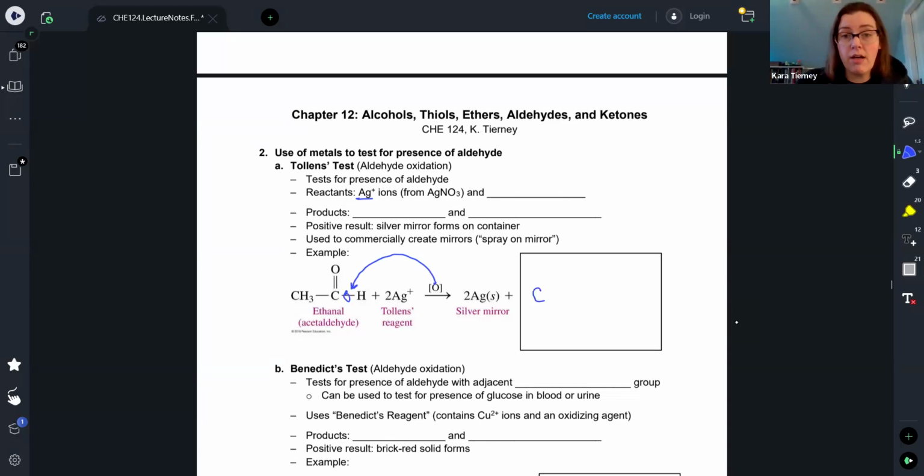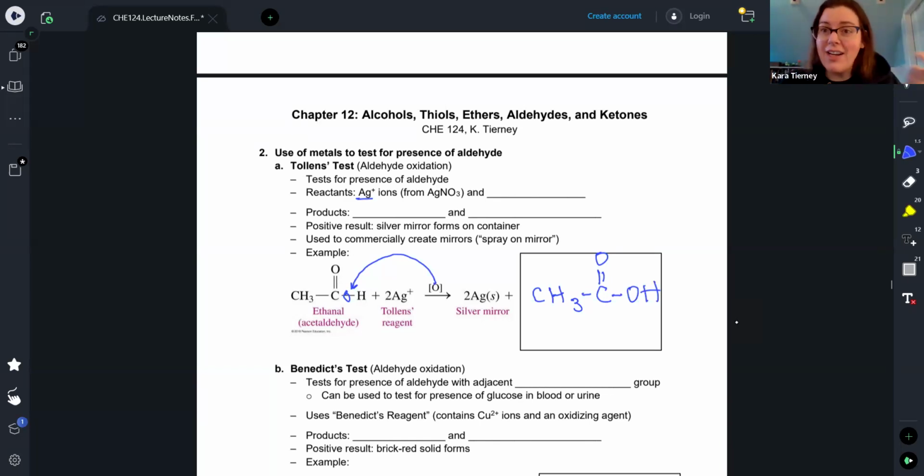Everything about the product is the same. We still have this ethyl group, two carbons. One has a carbonyl, and then the O hops in between the C and the H. So that is oxidized because an oxygen is introduced into the molecule.